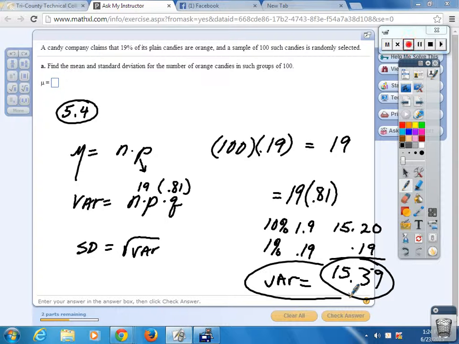So now what do we do? Take the square root of the variance. Well, the square root of 16 is what? 4. That's right, class. So the square root of 15.4 is probably going to be about 3.9, and that's your standard deviation.